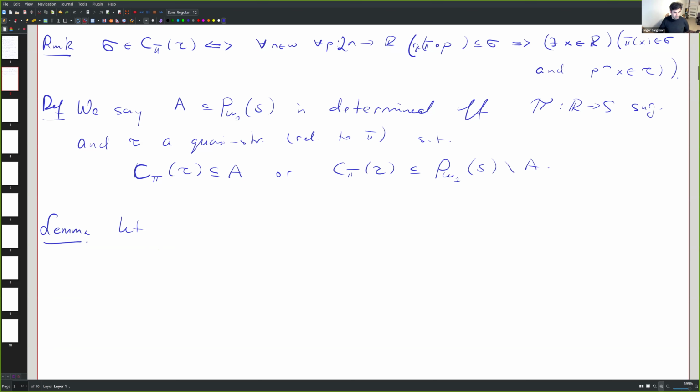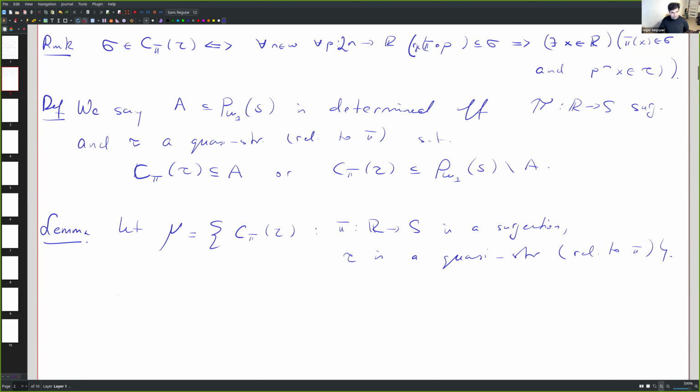Let mu be things of the form pi, where pi is a surjection and tau is a quasi strategy relative to pi. It is a filter, a fine filter, right?